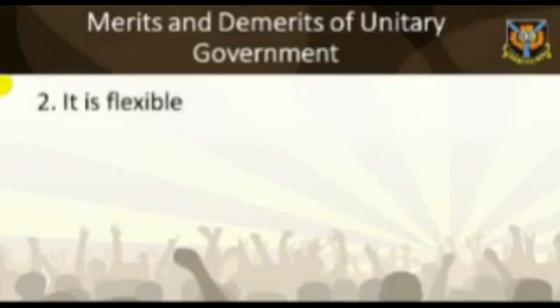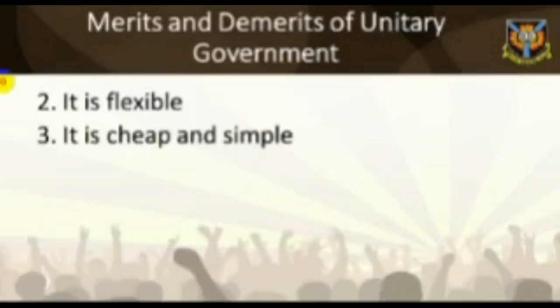2. It is flexible. This is because the unitary system can easily modify and adjust the organizational structure of the state or country if the need arises in order to ensure effective administration. 3. It is cheap and simple. It avoids duplication of political institutions which may likely be expensive to operate.